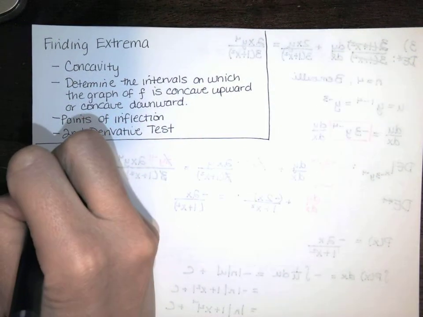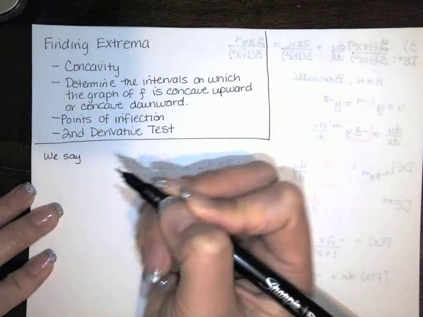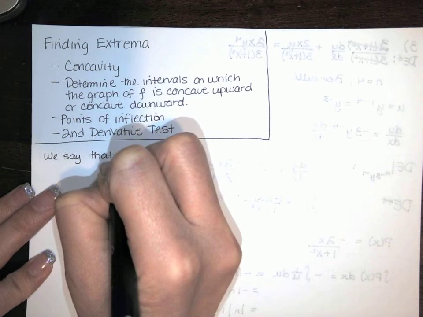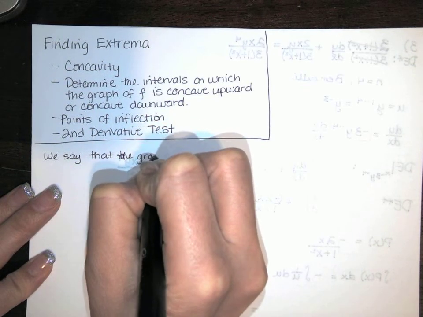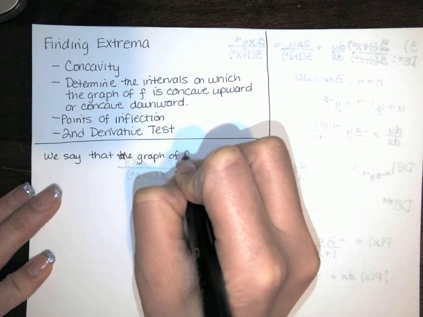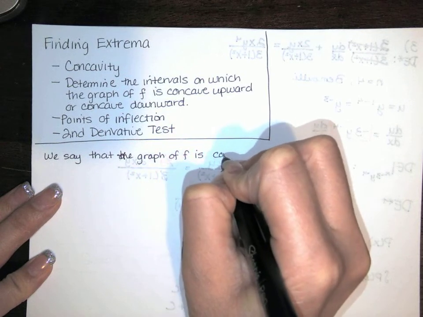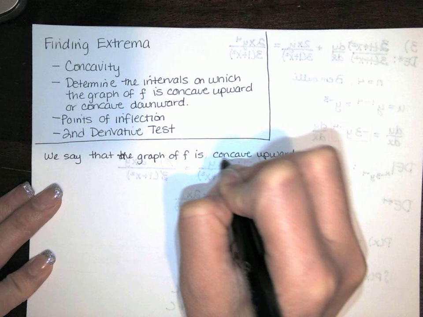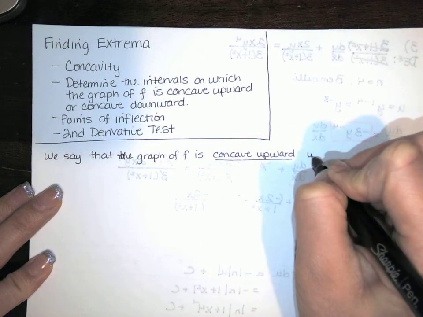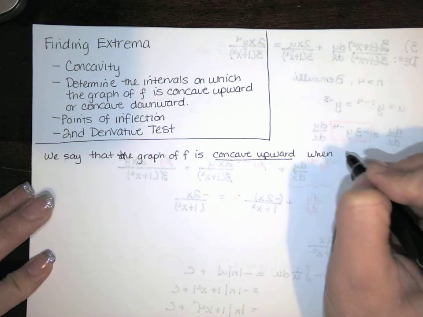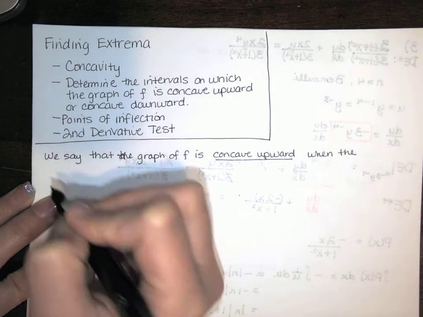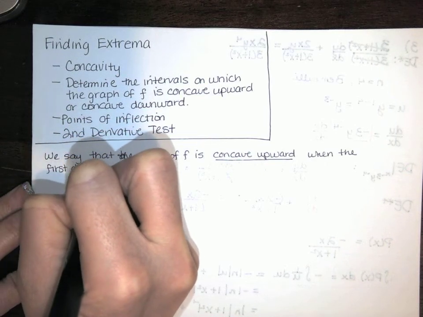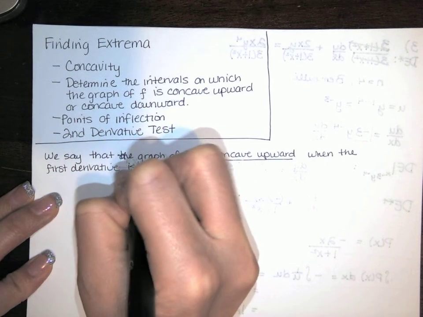We say the following is true. We say that the graph of f is concave upward when the first derivative, that's the slope of the graph, is increasing.